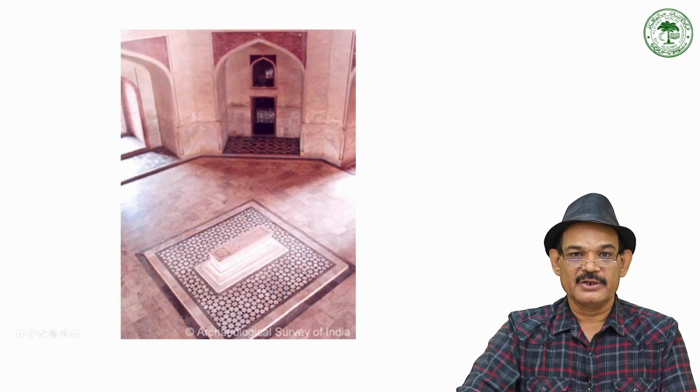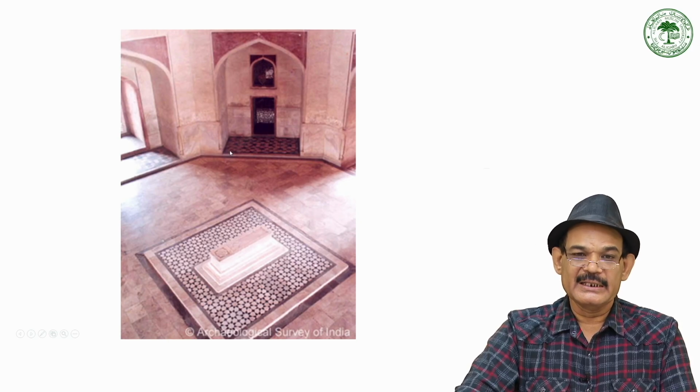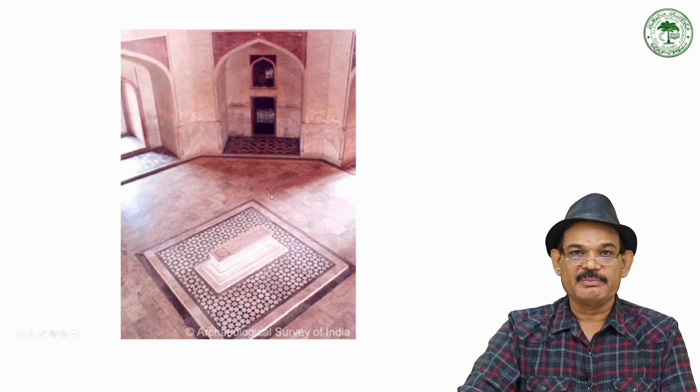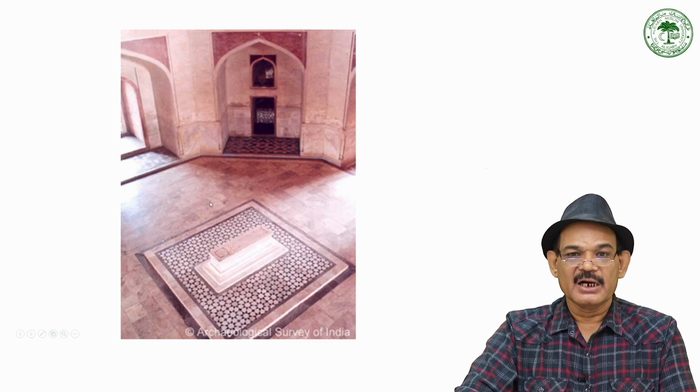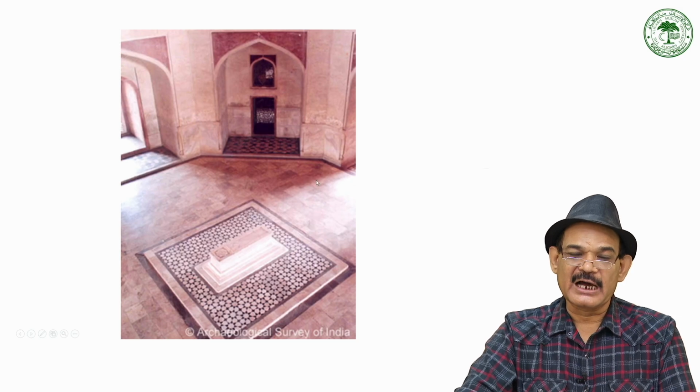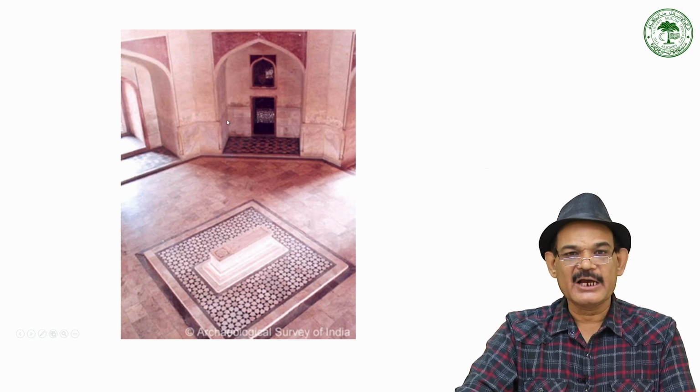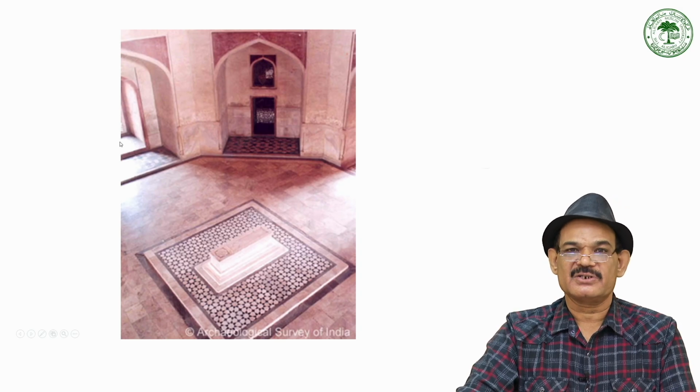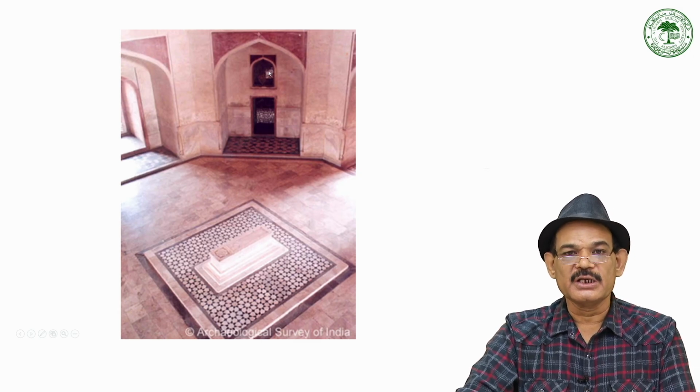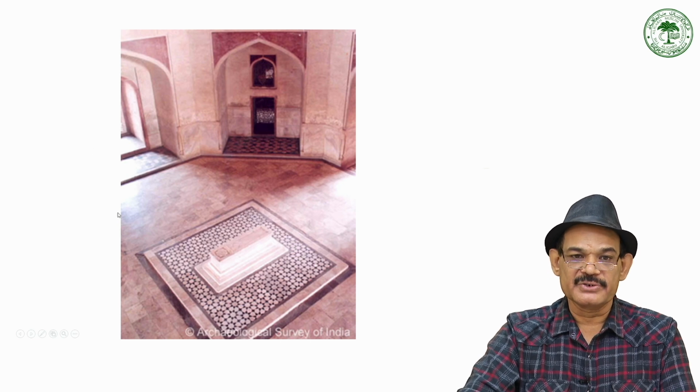In discussing its plan I have already told you, this octagonal central chamber, which enshrines the grave of Humayun, is interconnected with corner rooms and cardinal portions. Each side of the octagon of the central chamber opens either into a passage going outside, or a passage to the side corner chambers.